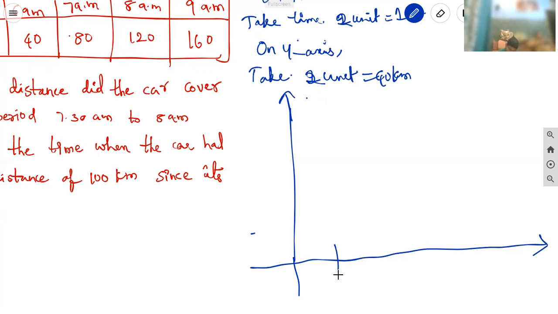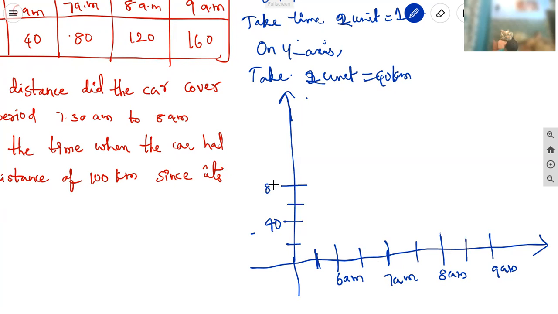Here 2 units equal to 1 hour: 6 a.m., 7 a.m., 8 a.m., 9 a.m. Next, 40 means this is 20, it is 40, 60, 80, 120, 160.